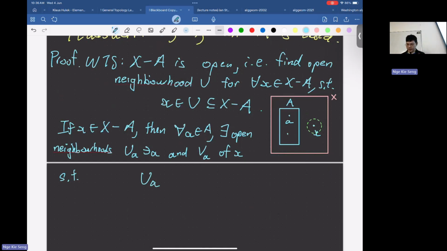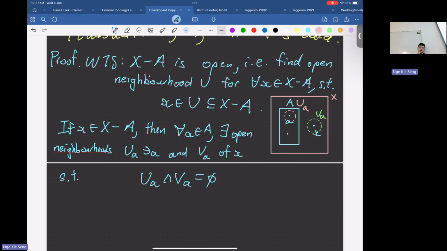such that their intersection is empty. So you could find an open ball around this a, call this U_a, and then this one V_a, such that these two do not intersect. We used Hausdorff already.